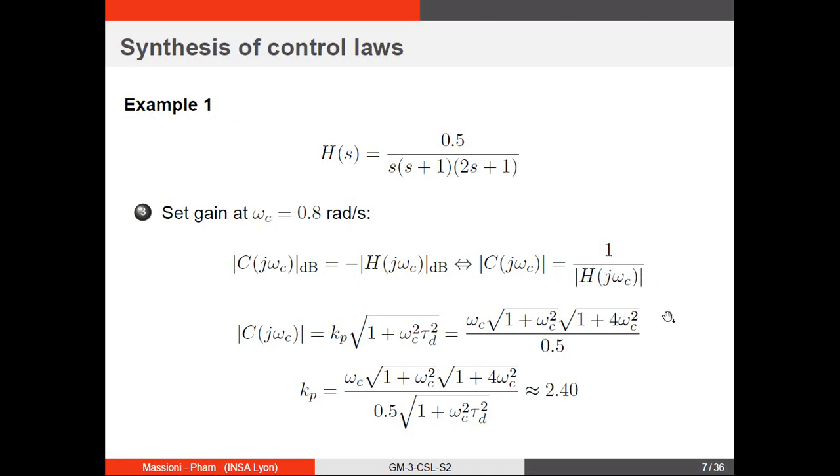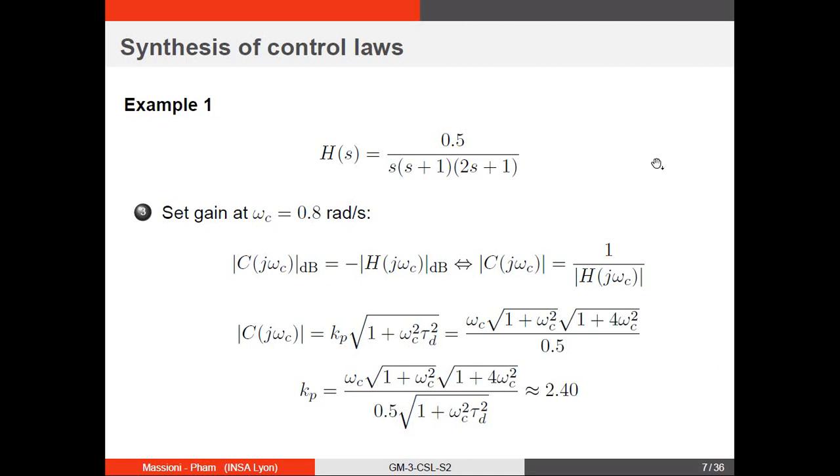Well, it is the one we found on the blackboard before, just inverse: 1 divided by this one, and this is equal to the modulus of the controller, the modulus of kp times the modulus of 1 plus tau d j omega c, so square root of imaginary part squared plus real part squared. So this equation is easy because everything is known; the only unknown is kp. Then you solve for kp and you get the value of kp, and that's done.